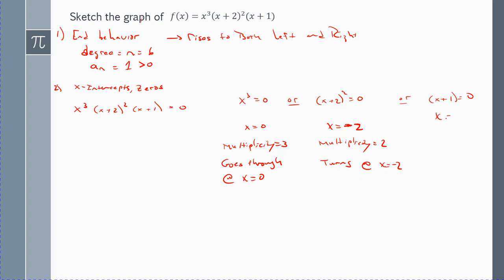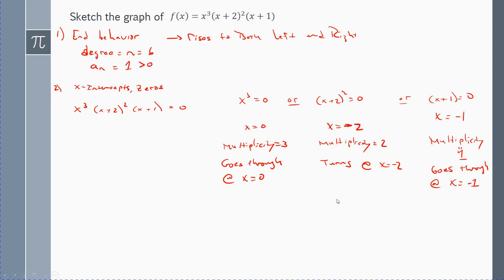Here you get x equals negative 1 when you solve this, and the multiplicity is 1. So that means it goes through at x equals negative 1.